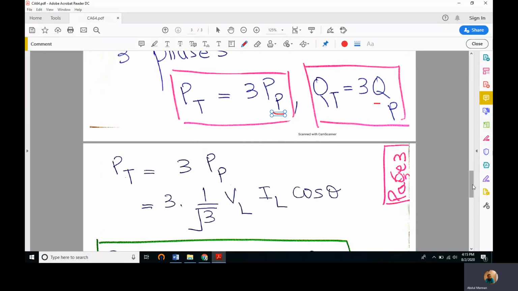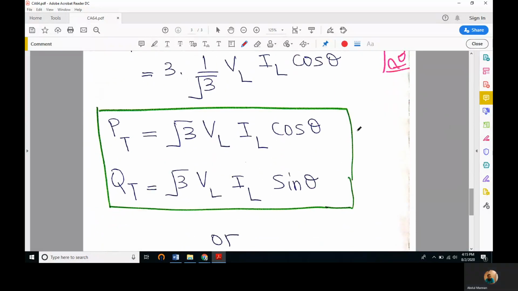If we put it here, we reach these two expressions. In terms of line quantities VL and IL, the total power can be written as square root of 3 times VL times IL times cosine of theta. And QT can also be written in terms of line quantities like this.